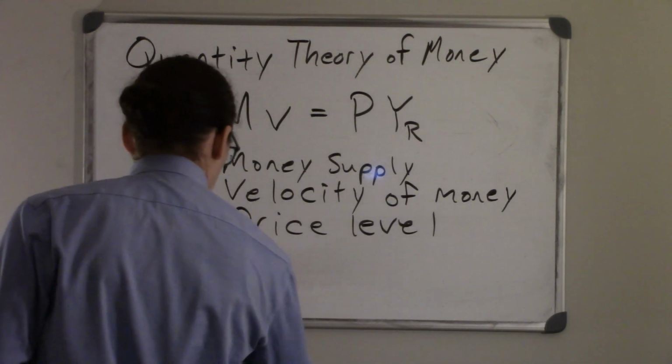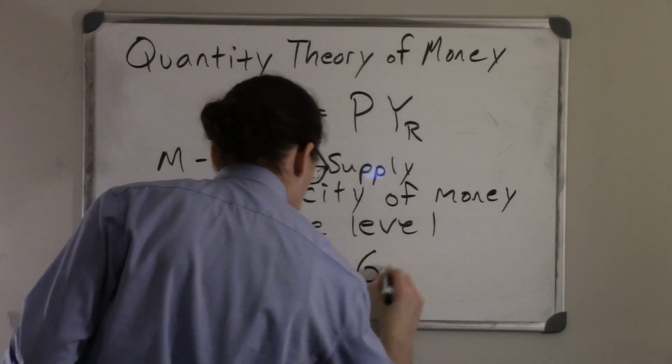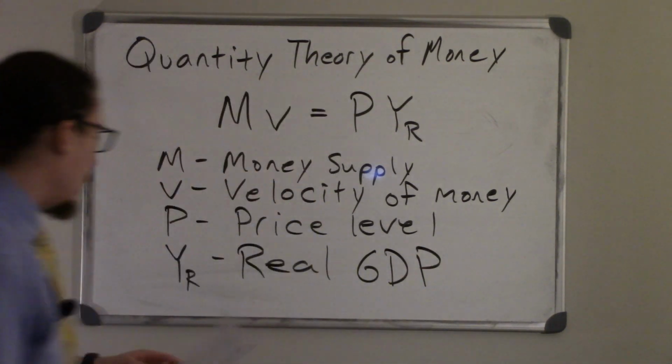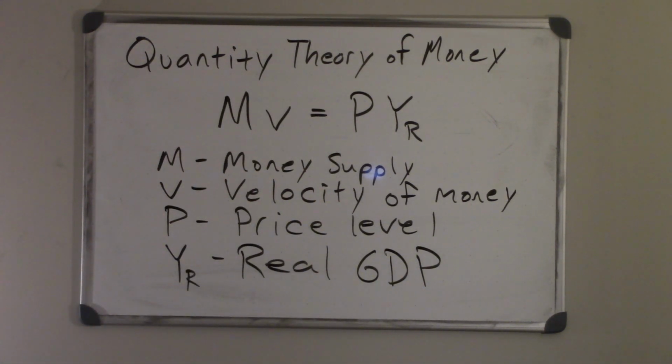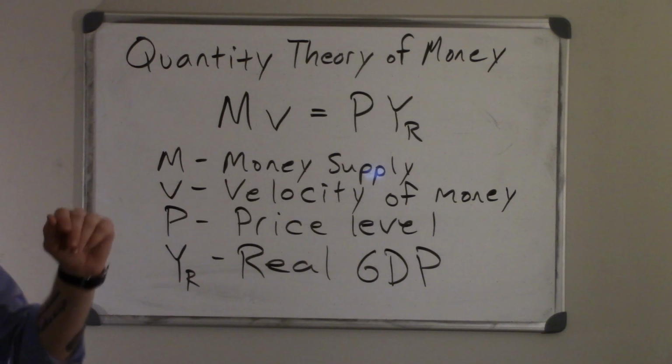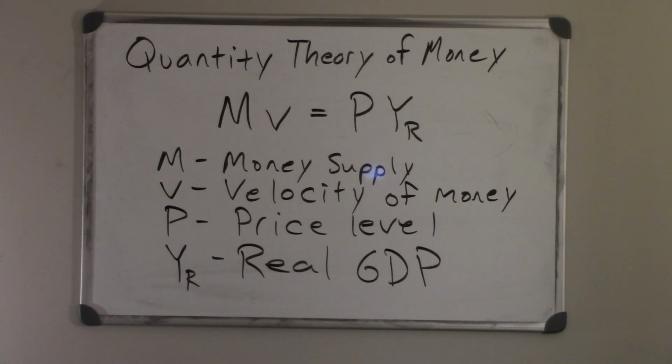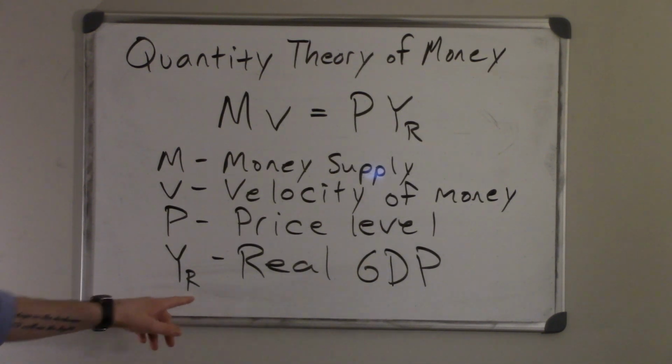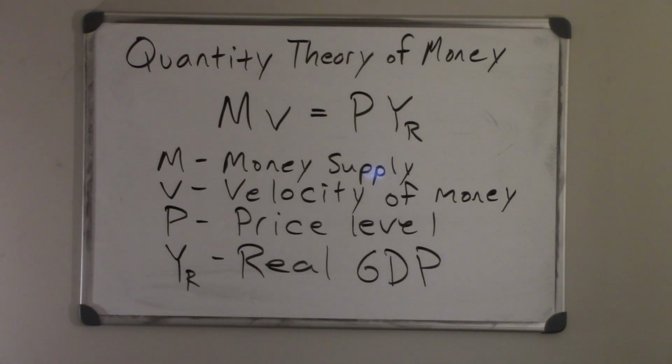But this is GDP, and with this little subscript R, we know that it is the real GDP. So just a Y, that's nominal. When we have this R subscript, that's going to tell us we're looking at real GDP.